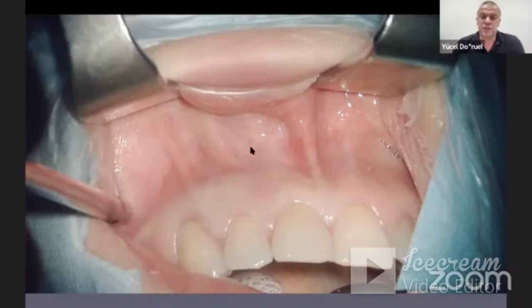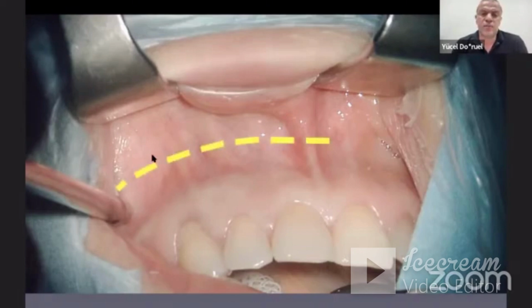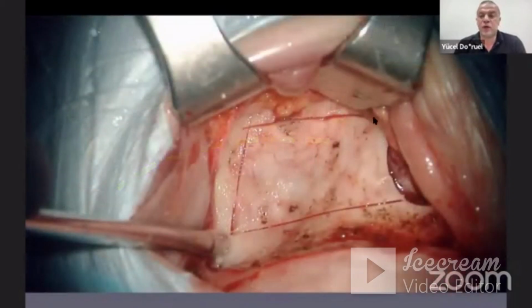The patient is in a similar position to endoscopic transnasal surgery. We make an incision above the tooth line, just leaving a small mucosal cuff, starting from the frenulum until the second or third molar.